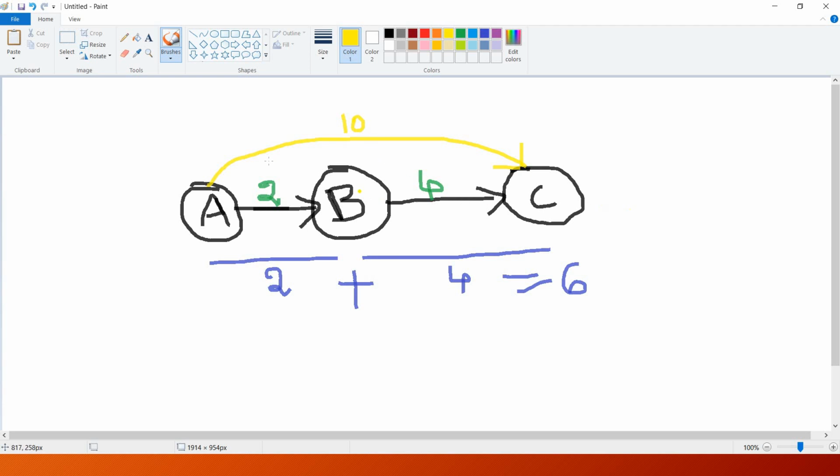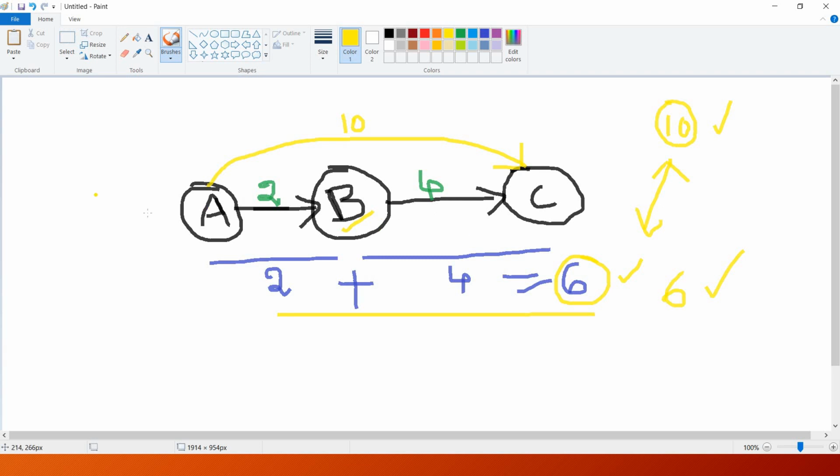If I am traversing from A to C by means of an intermediate vertex B, I am able to traverse with a cost of 6 units. If I am traversing from A to C directly with the directed edge, it takes 10 units of cost. So if we compare these two, which one is smaller? 6 is smaller. So that is what we will see in Warshall's algorithm.